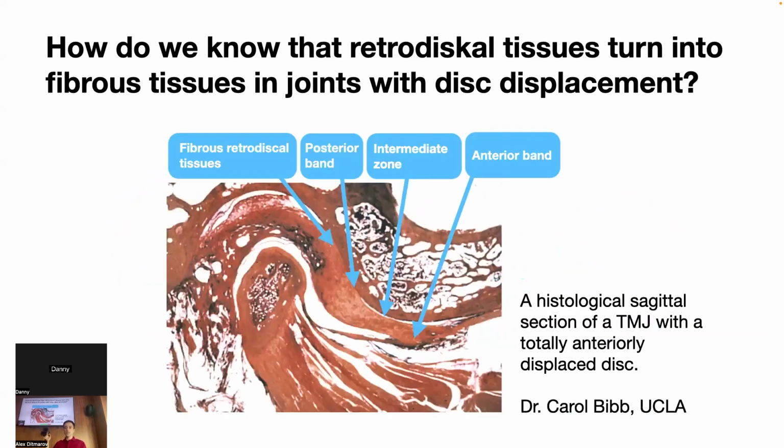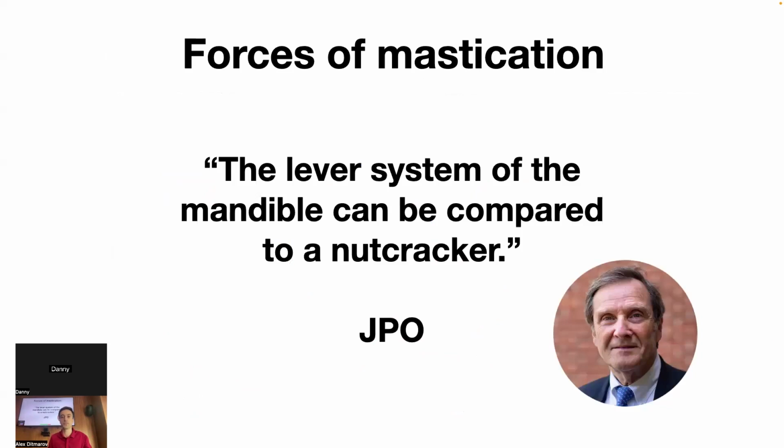This is a histological slice of a dead individual with an anteriorly displaced disc without reduction. You can see that these fibrous retrodiscal tissues are over here, and the disc is located anteriorly, but the retrodiscal tissues had already adapted to this new environment, to this new position.